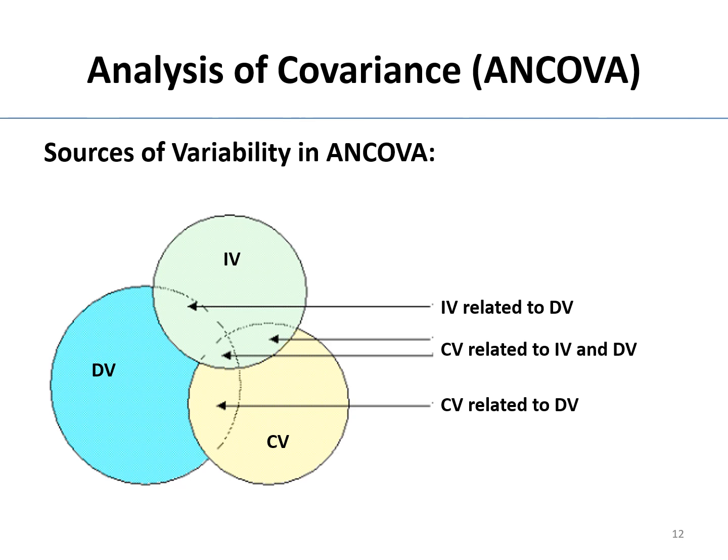And then some of the variability could be predicted by either the covariate or the independent variable. So you've got multiple sources of variability: unique variability predicted by the independent variable, unique variability predicted by the covariate, and then overlapping variability that could be attributed to either the covariate or the independent variable.